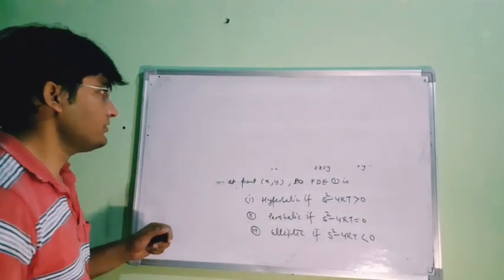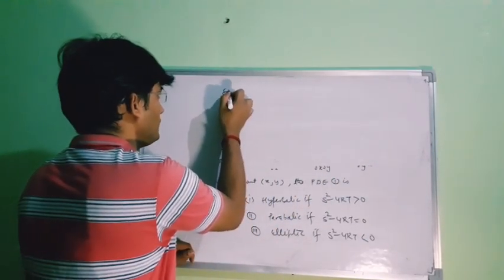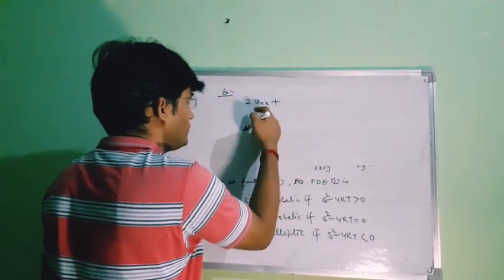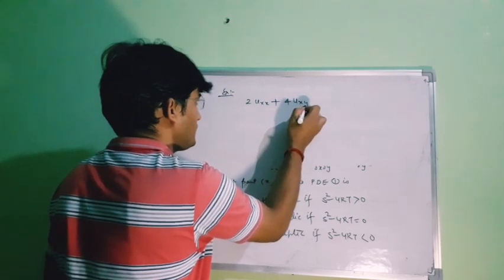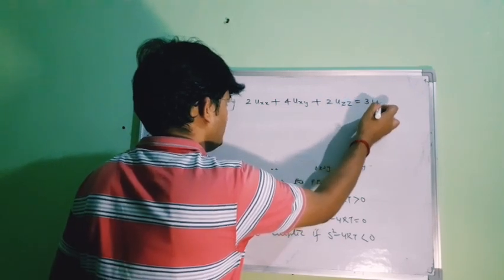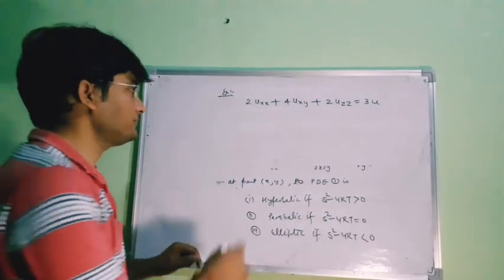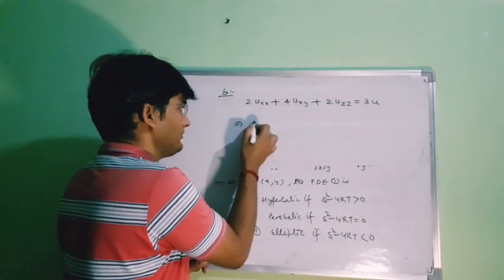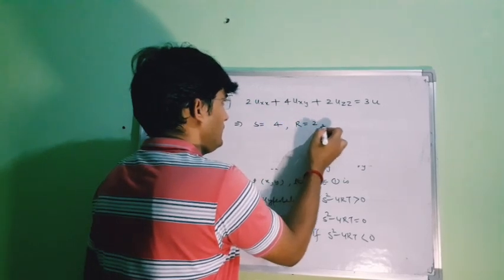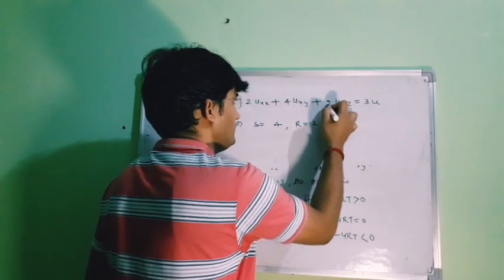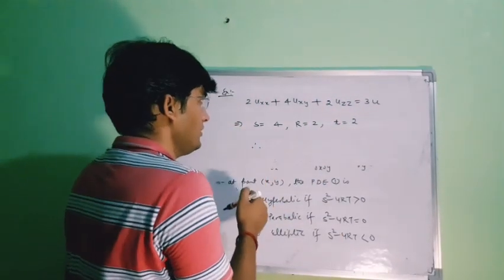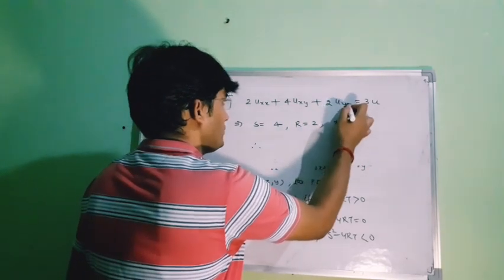And let us consider the example. Say we have the partial differential equation 2uxx plus 4uxy plus 2uyy equal to 3u. Now here you can see that your capital S is 4, your R is 2, and T is again 2. So therefore it will be your uyy, not uzz.